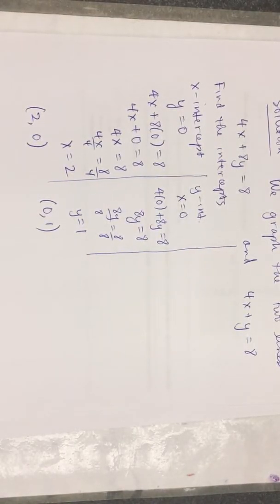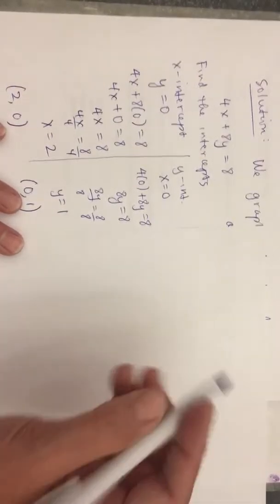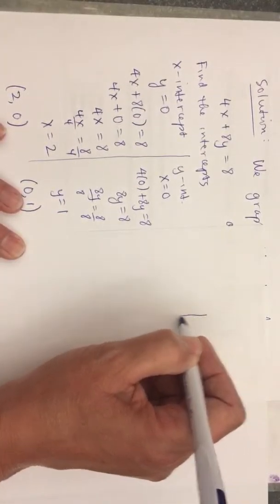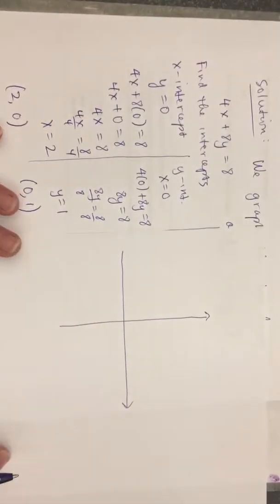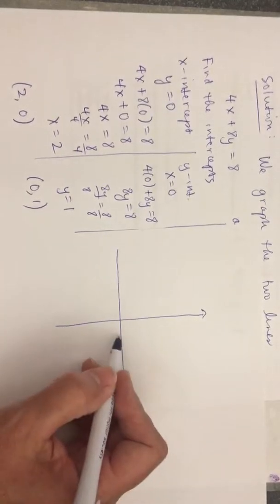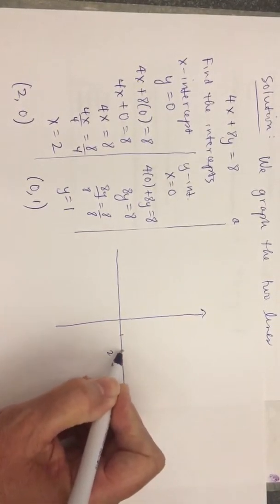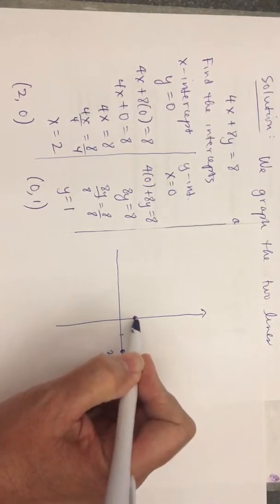I'll talk about the shading right now, because here's kind of the big question. I'm going to talk about the shading before I do this second part. So I'm just going to cover that up for right now. On the grid, I'll plot (2, 0) and (0, 1).